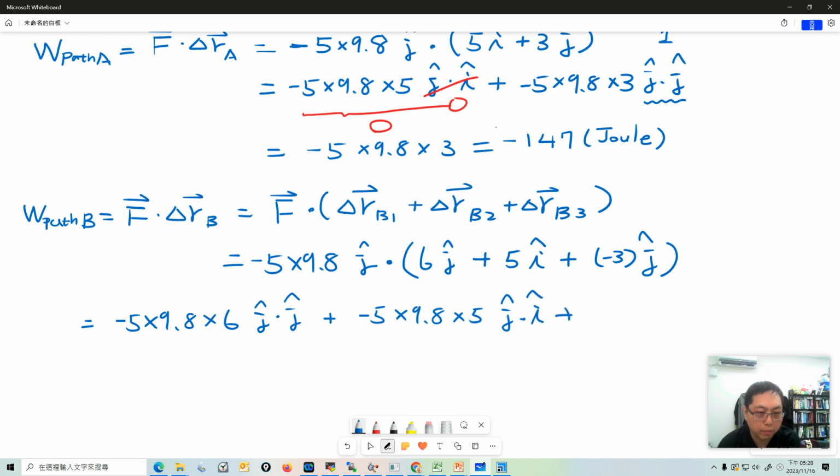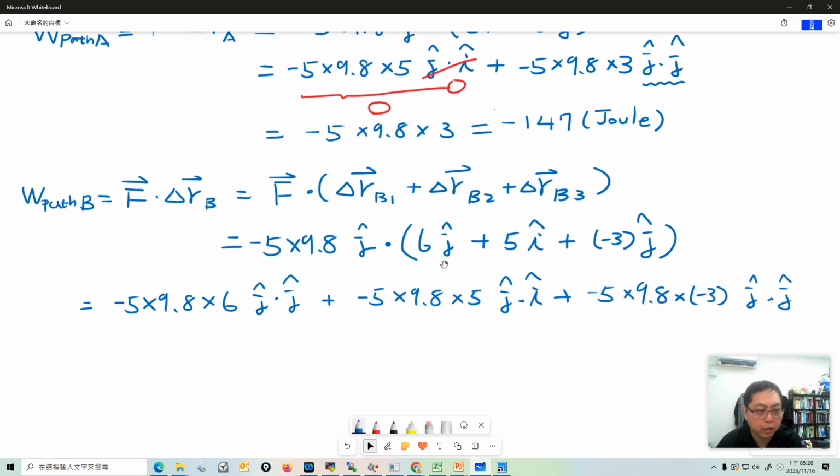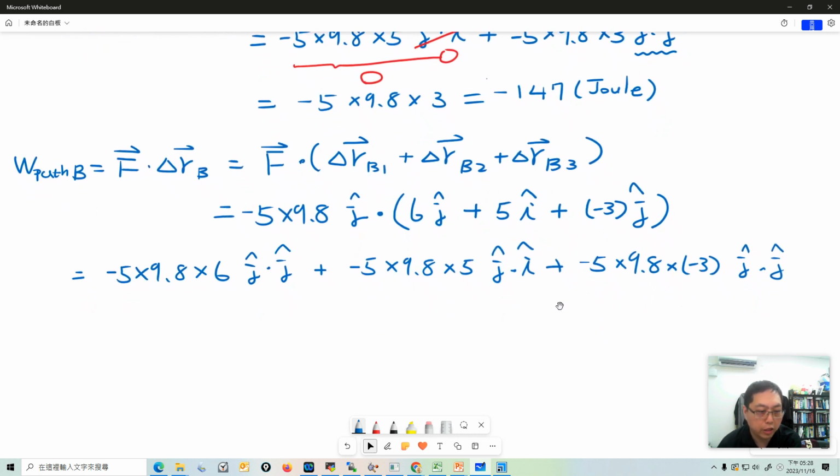The last term is minus 5 times 9.8 times minus 3, and j dot j. For unit vectors, j dot j is 1, and j dot i are perpendicular to each other, so this will be 0, so this whole term will become 0.